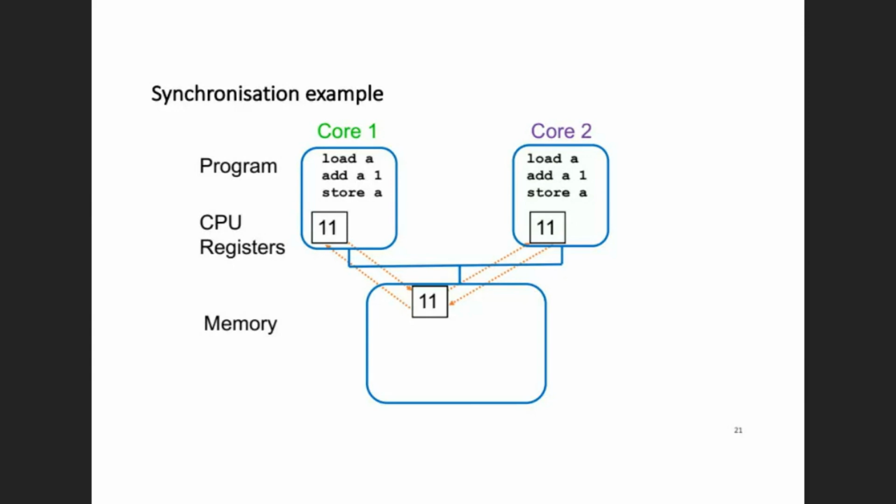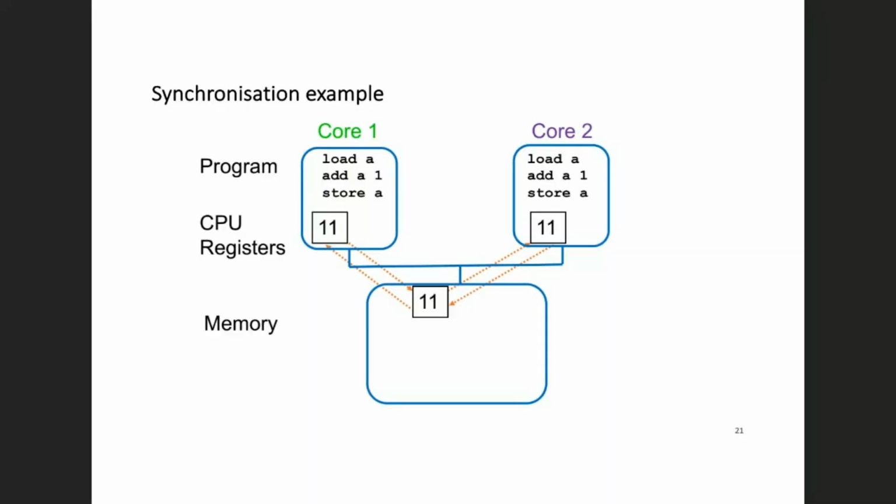So that's the sort of problem that can happen if we don't correctly synchronize threaded programs. And essentially, it's this problem or variations of this problem that make multi-threaded programming difficult and error-prone, because we constantly have to guard against problems like this happening.